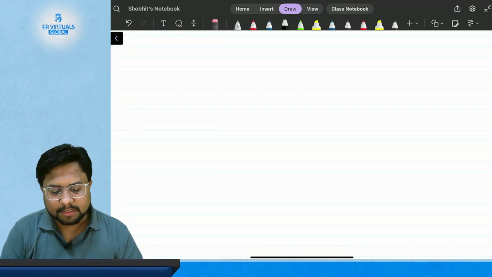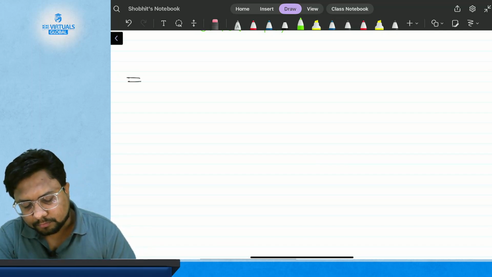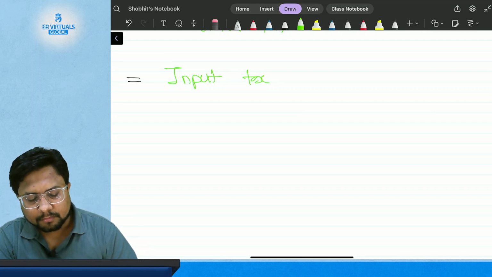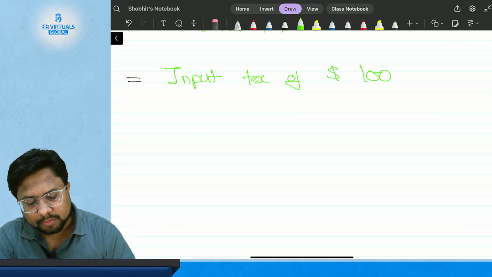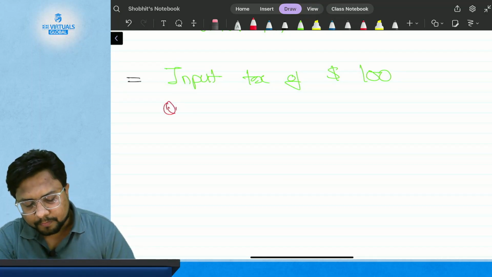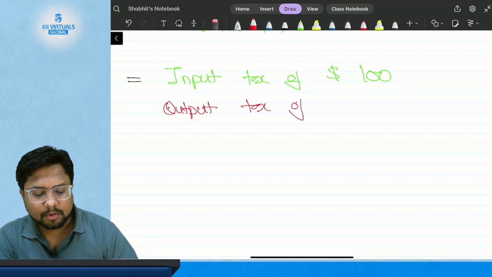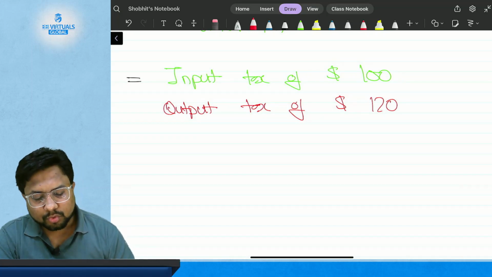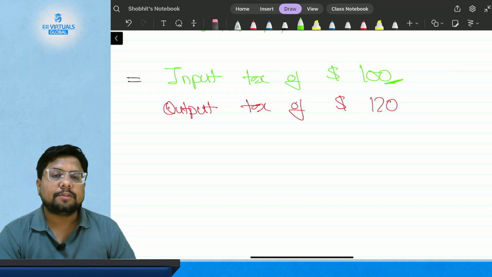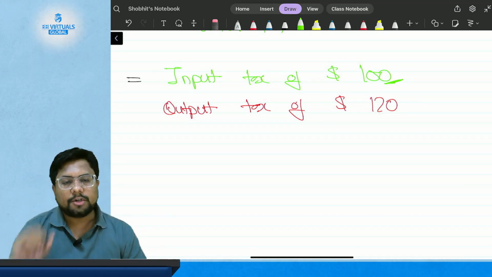Suppose in this illustration only, you have the input tax of $100 and you also have the output tax of $120. So this is the input tax which you have already paid to the supplier, which he has already deposited with the government.